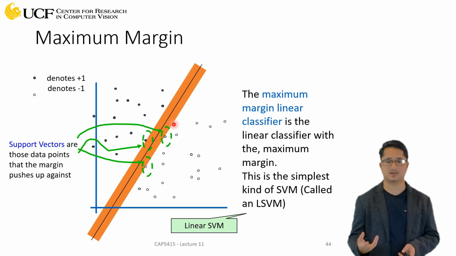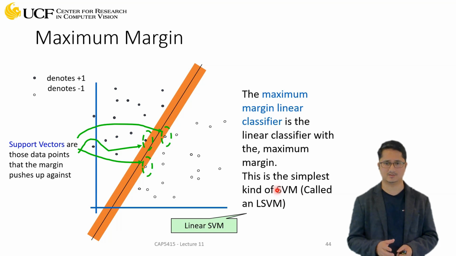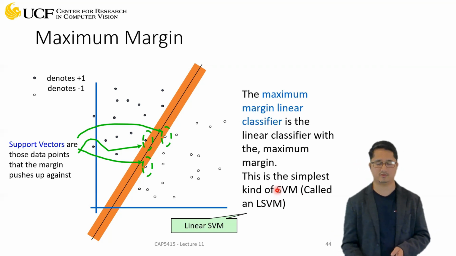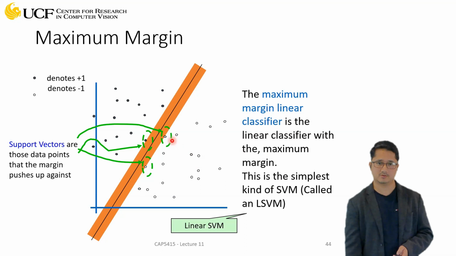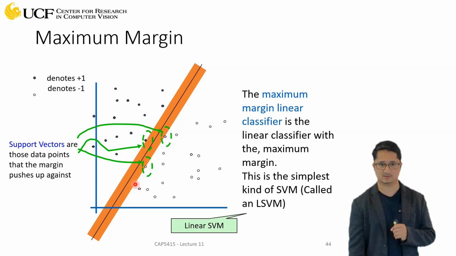Okay, so this is also a very simple form of, you can say, linear support vector machine. Again, we'll talk about that later. There is some confusion in nomenclature, but we'll try to clarify that. Okay, so the black line over here is your classifier, and the boundaries of these margins are called support vectors.